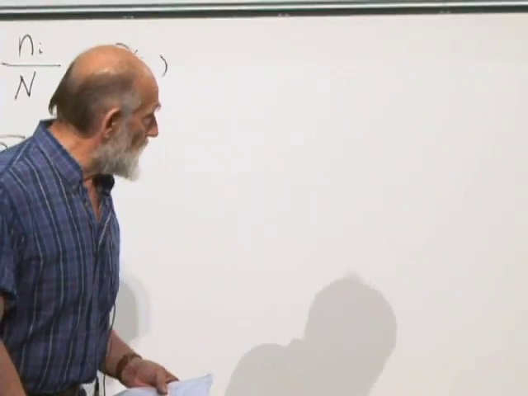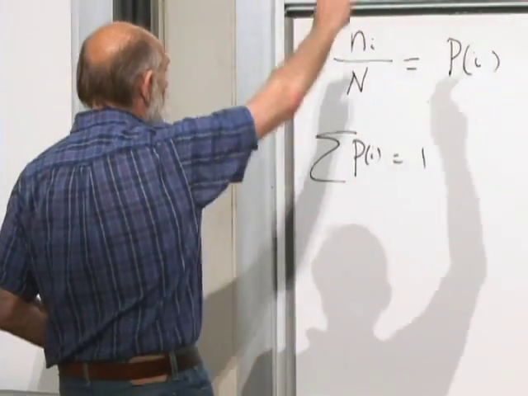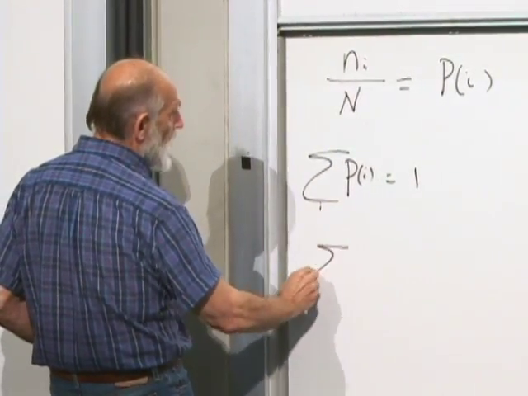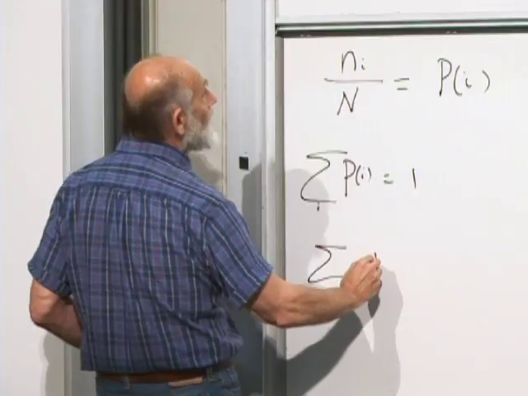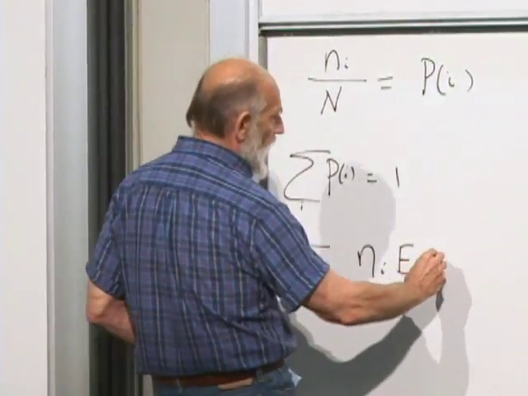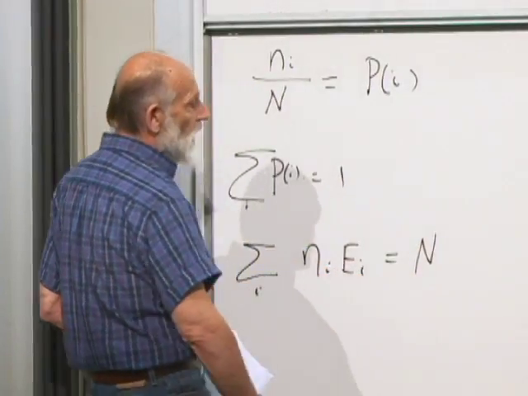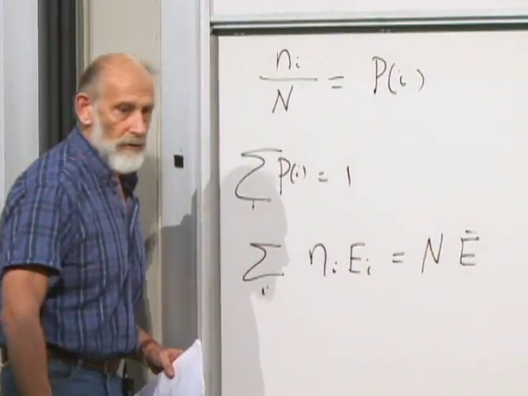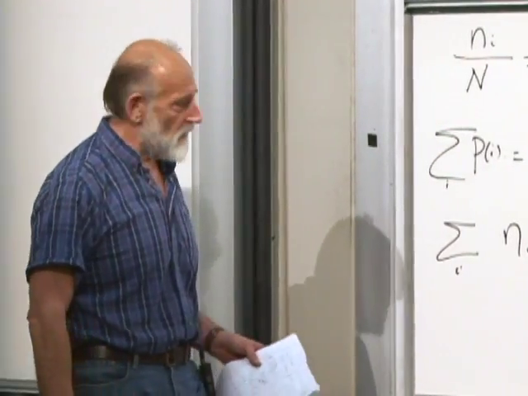Not a big surprise. The other statement, let's write it down, summation over I of n sub I e sub I equals capital N times the average energy in each box. I'll continue to use the overbar notation for a little while until I get tired of it.